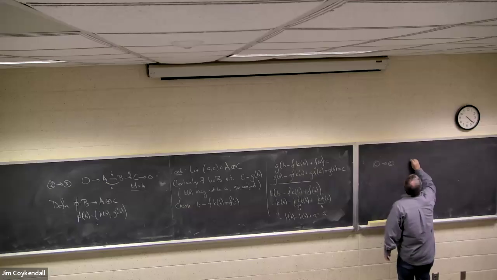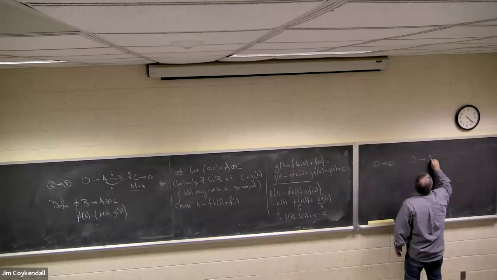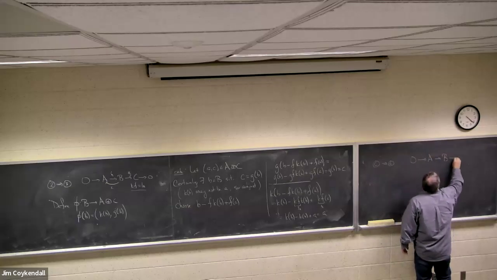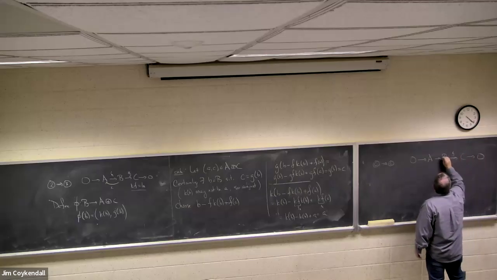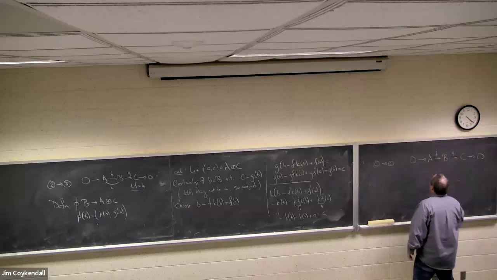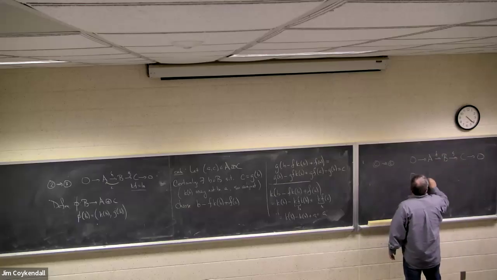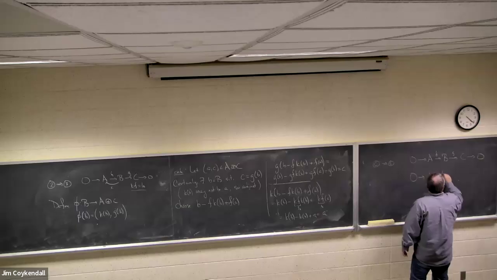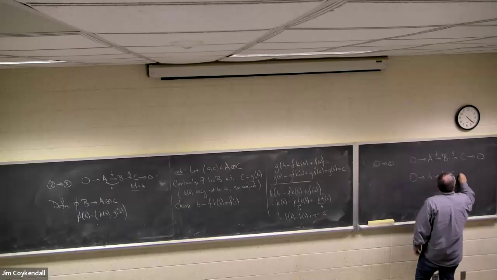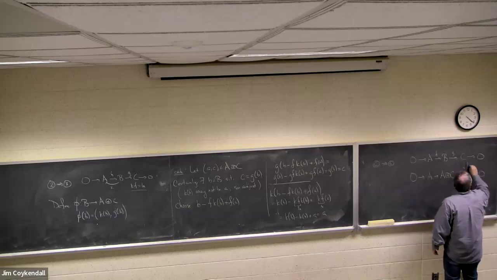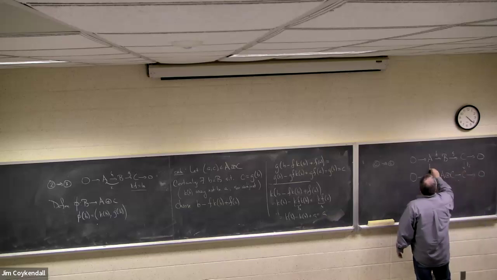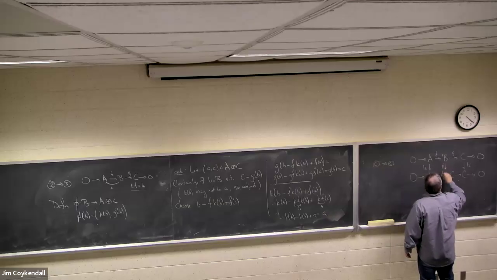So here's what you have. G, F. I encourage this for good practice. This is the identity of C, the identity of A, and this is phi.